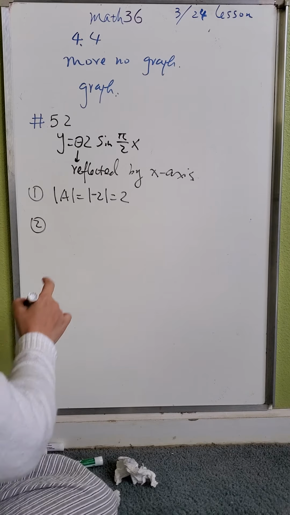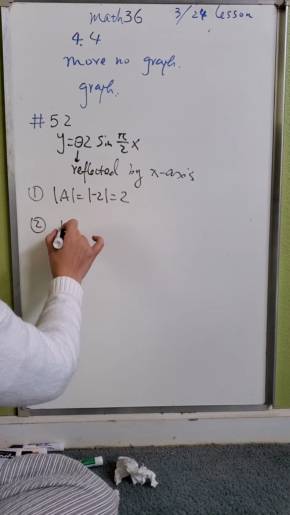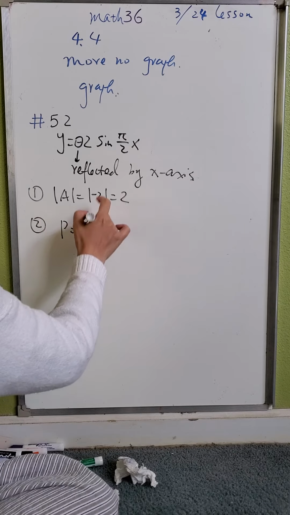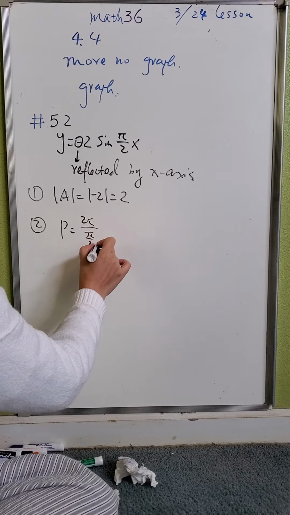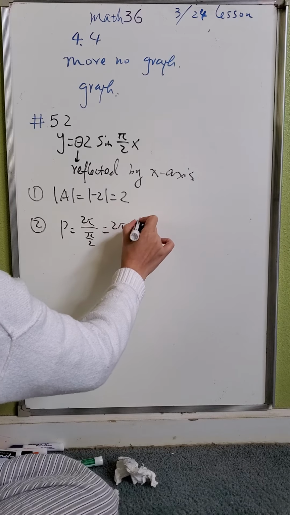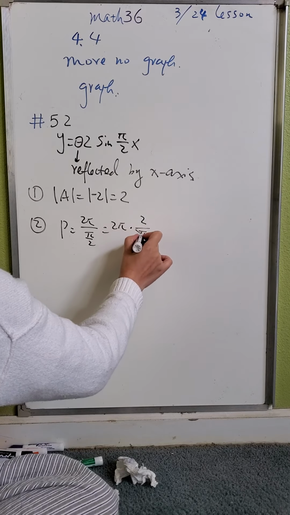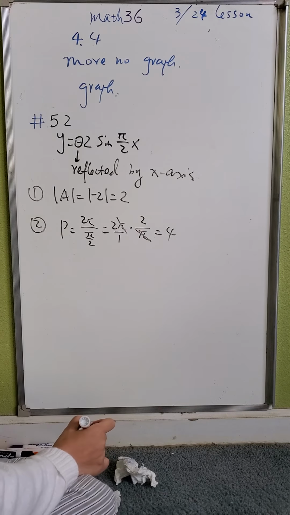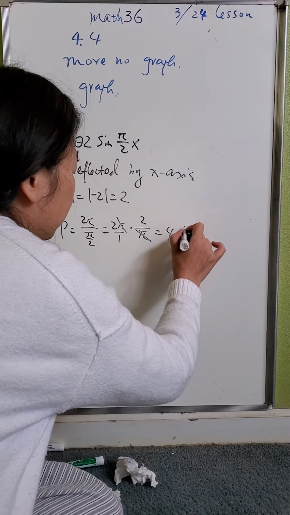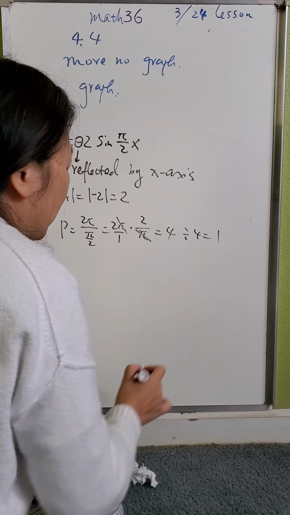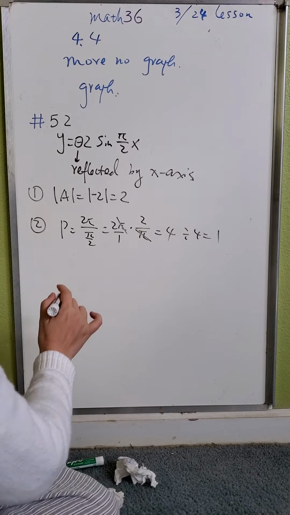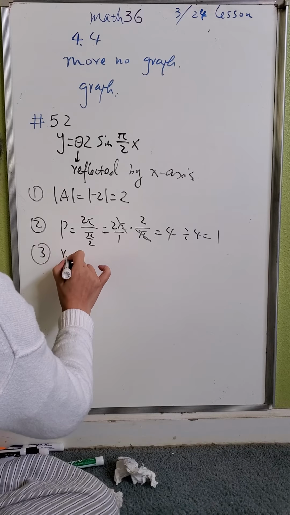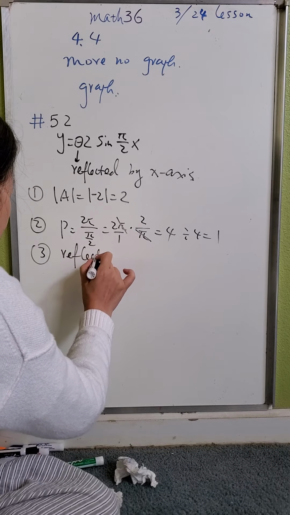And number 2, the period P is equal to 2 pi over pi over 2. It's the same as 2 pi times 2 over pi. Reduce this over 1, so this equals 4. Take the 4 divided by 4, so equal to 1. So each scale is 1 unit. Number 3, the reflection. Okay, write it down.